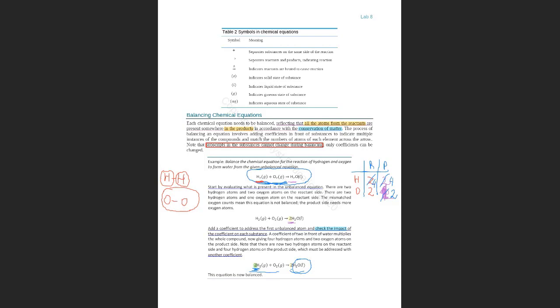So the yellow 2 will affect just 2 times 1, 2, and I have only 2 oxygens on the product side. And when I get to the point that I have the same type and an equal number of atoms for each element on the reactant and the product side, then I say, yes, this reaction is balanced. Any question?